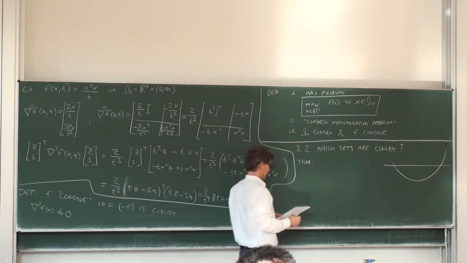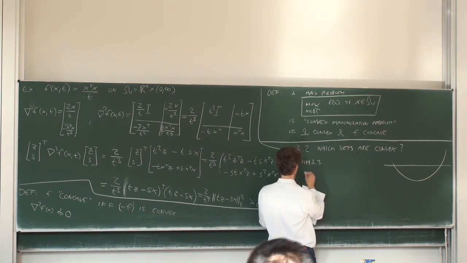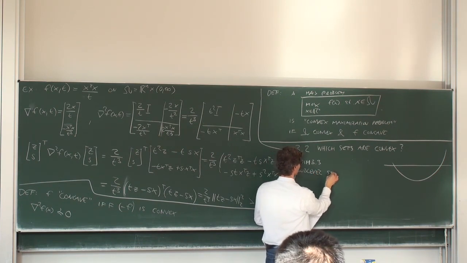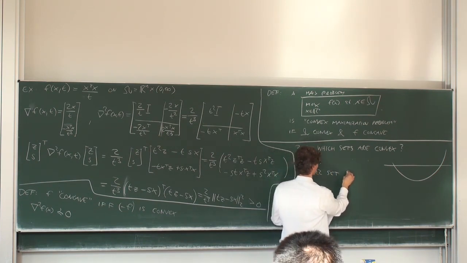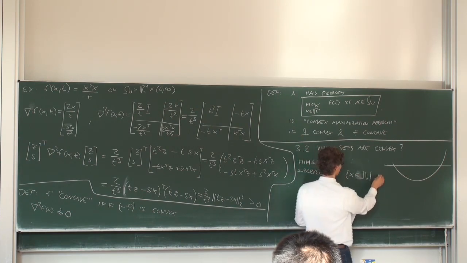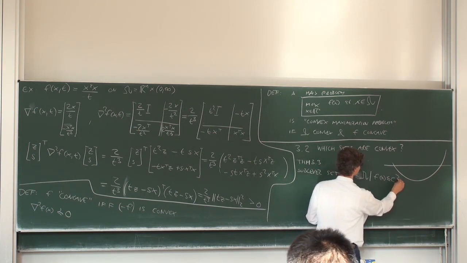So the theorem is called 3.3, and says that a sublevel set, which we define by all x in some domain omega that satisfy that the function f of x is smaller or equal to some level c.